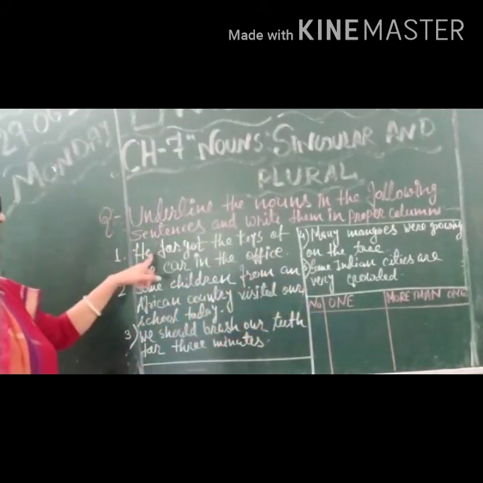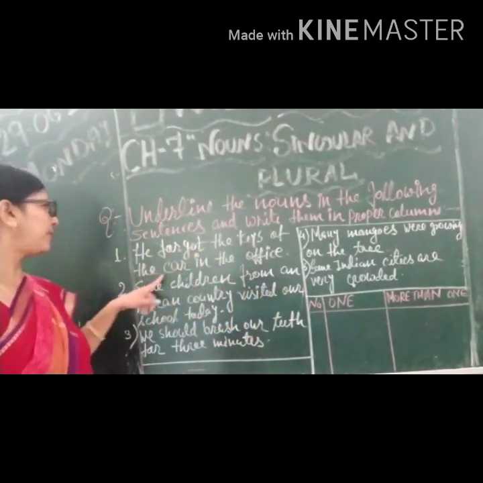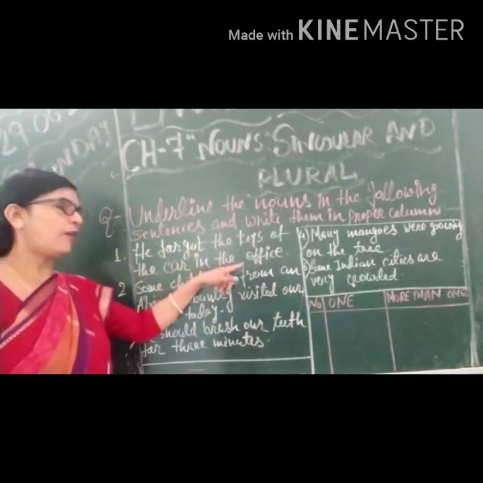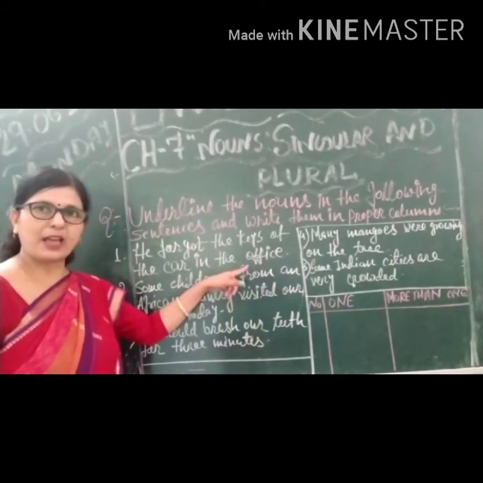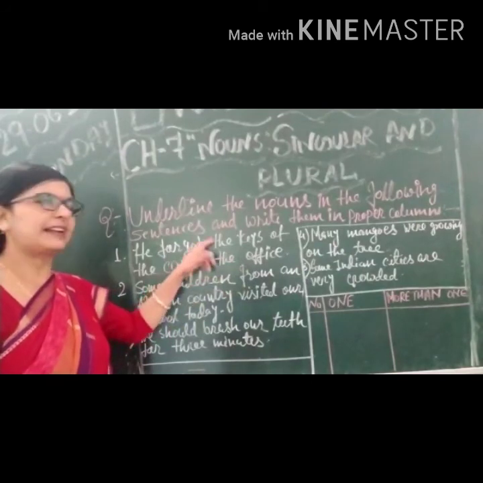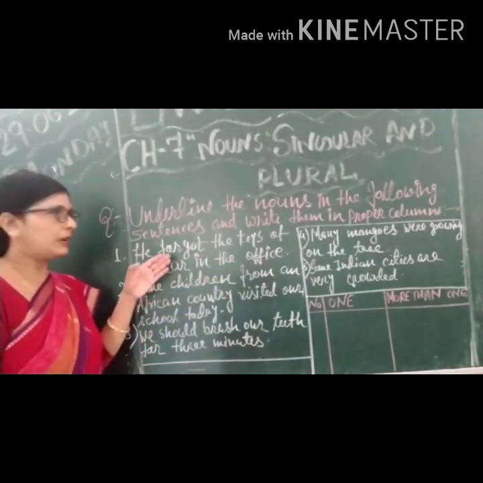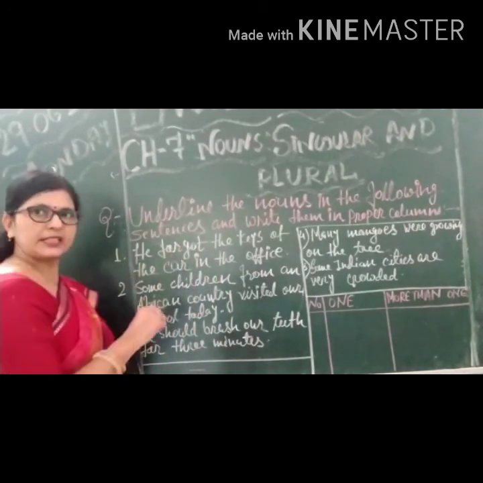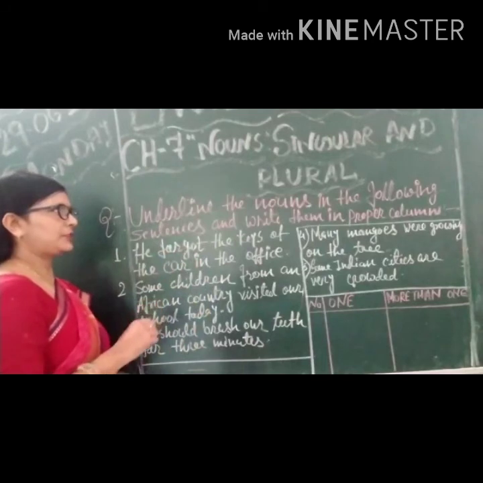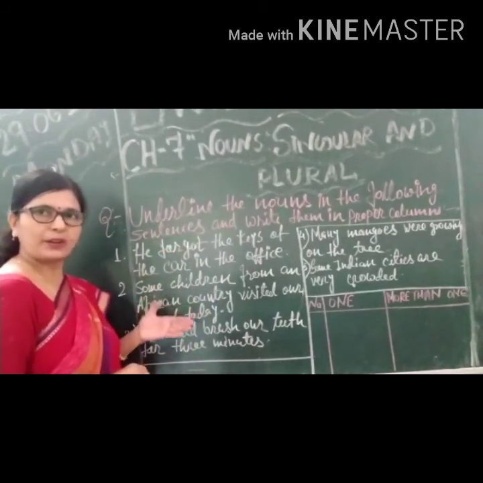So your question number 1: He forgot the keys of the car in the office. This is your sentence, and what you have to do is just underline the nouns. So first you see the word that is a noun. In this sentence, as I already told you, the name of a person, place, or thing are known as nouns.